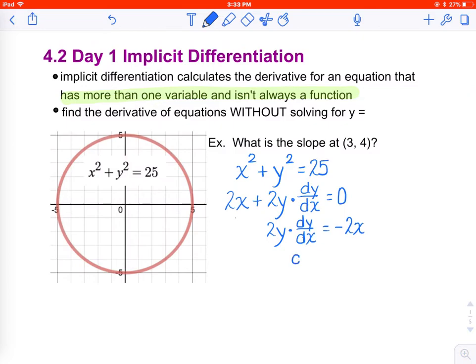Divide both sides by 2y so that I get dy dx, the derivative in terms of x, by itself. And it tells me I'd have to take 2x, the opposite of it, and divide by 2y, and when you simplify it, it says it's going to be the opposite of the x value over the y value at any particular point.